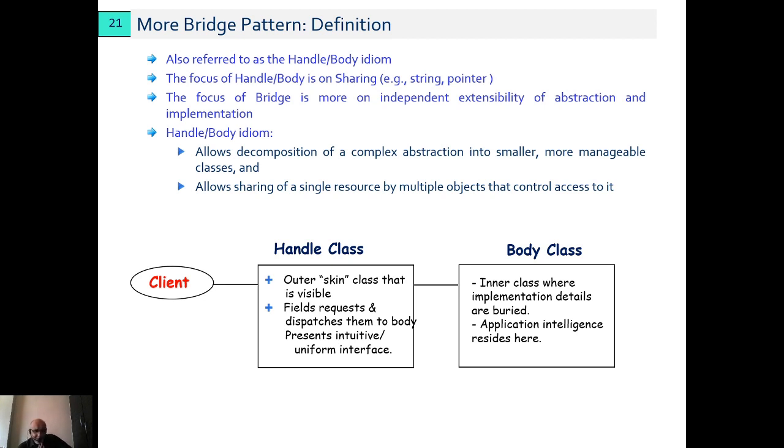Now see the diagram. The client communicates with the body class through the handle class, that is the outer skin class, which is visible. It fields requests and dispatches them to the body, presenting an intuitive and uniform interface so that the client can communicate with the body. The body class is the inner class where the implementation details are buried.